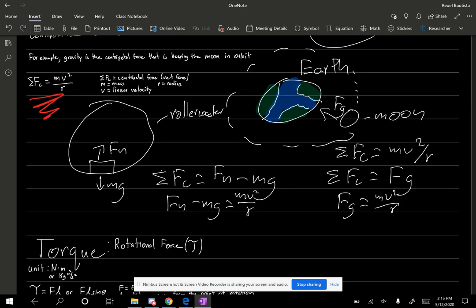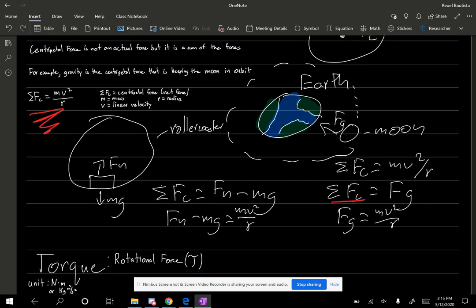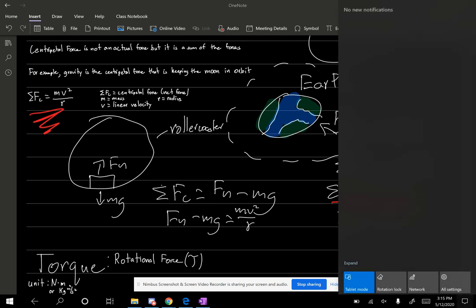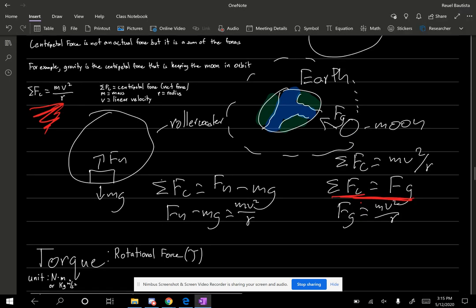So the force of gravity is our sum of the forces, and I wrote that right here. The sum of the forces is equal to mv squared over r according to this equation, so this equation and this equation are equal to each other. Then you can solve for different things, if you want to solve for v, or if you want to solve for r.